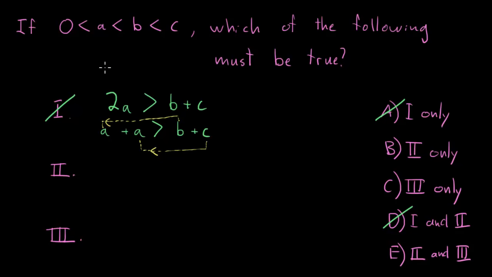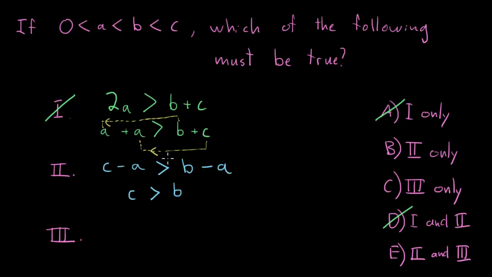Given this information, must it be true that c minus a is greater than b minus a? Well, if we're doing algebra, the first thing we might notice is both sides have a minus a. Both sides are just something minus a, so what we could do is add a to both sides to get rid of that. We could just rewrite this as c greater than b.